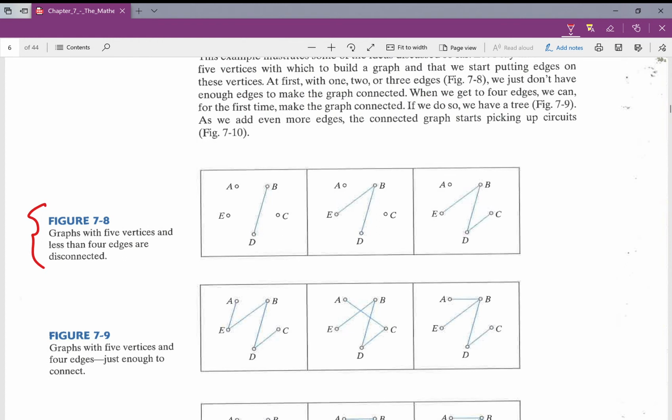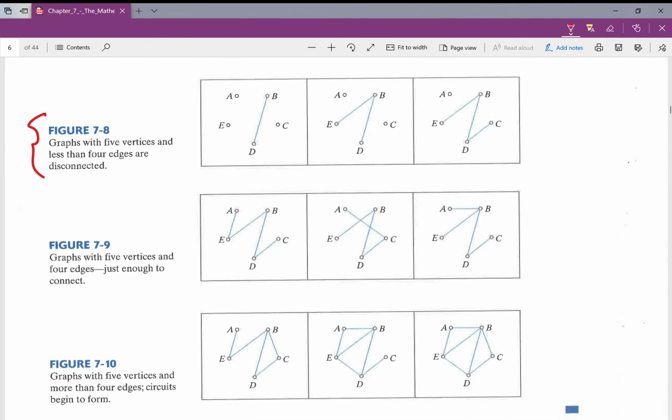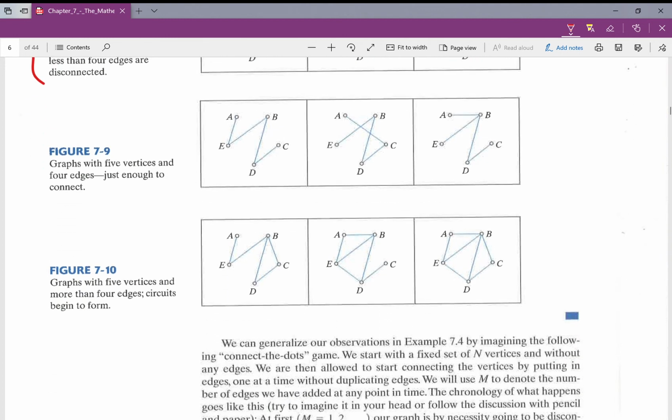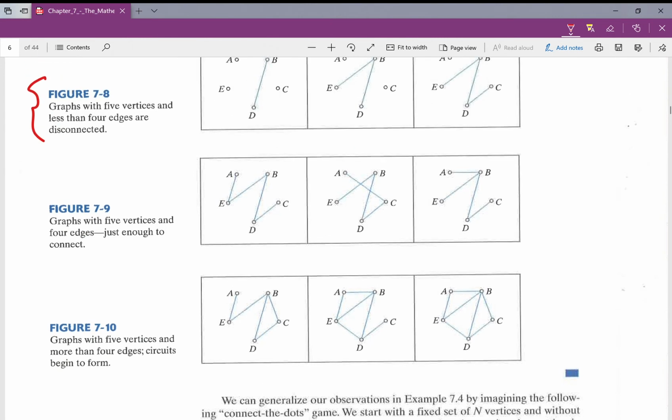So here they're going through some of the conditions. If you have a graph with 5 vertices and less than 4 edges, it will always be disconnected. A graph with 5 vertices and 4 edges is just enough to connect. But again, this is the weak condition we talked about.